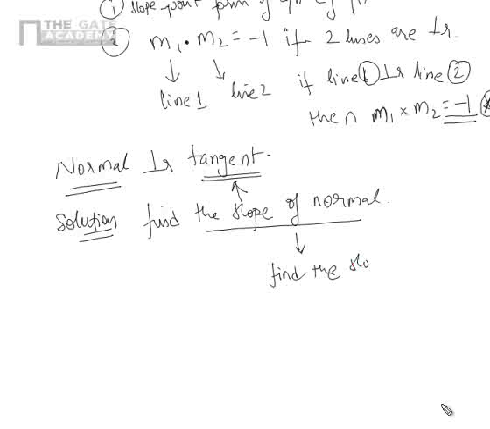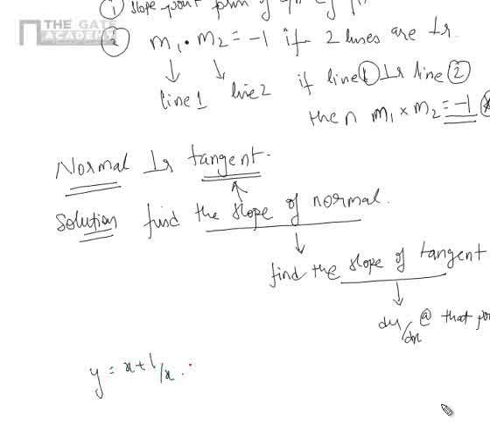Find the slope of tangent. And how do I find the slope of tangent? This is nothing but dy by dx at that point. And the given equation is y is equal to x plus 2 by x.